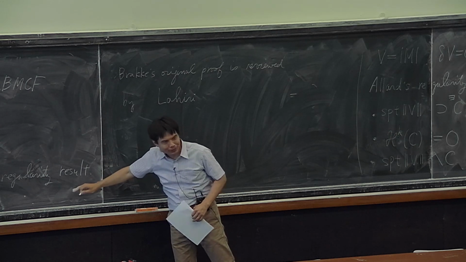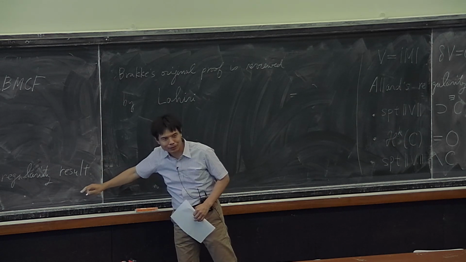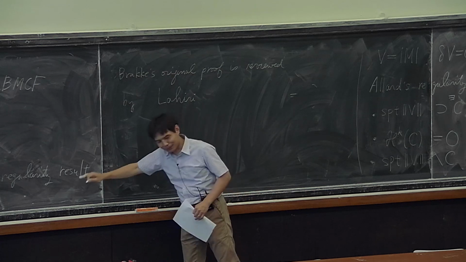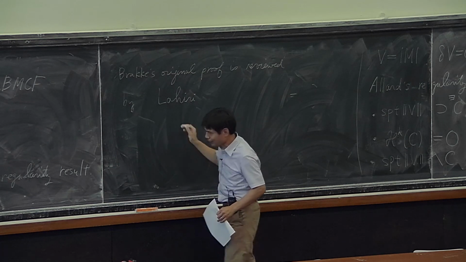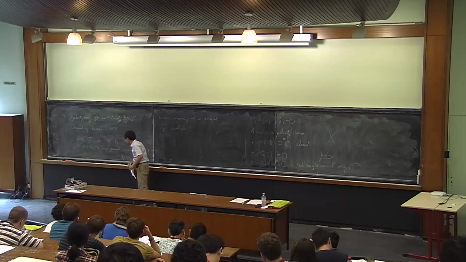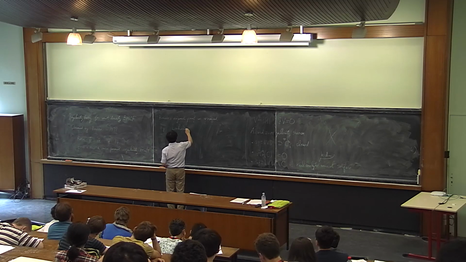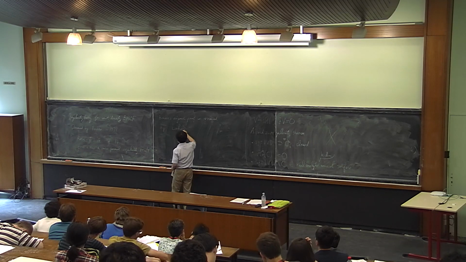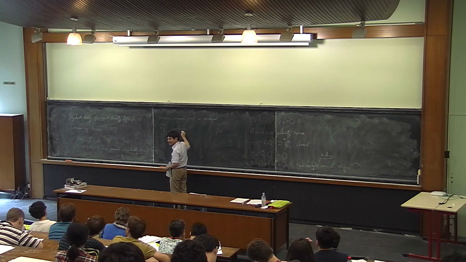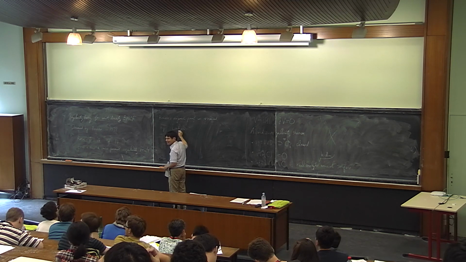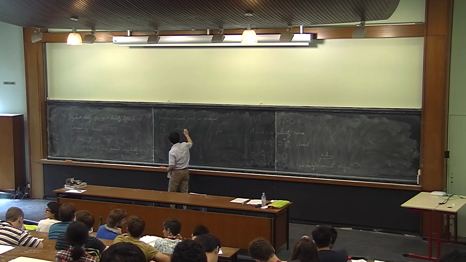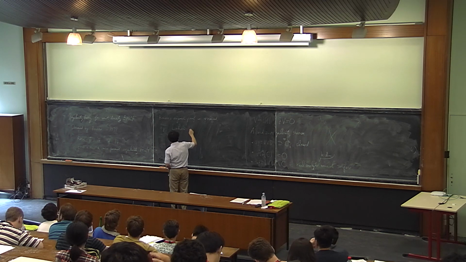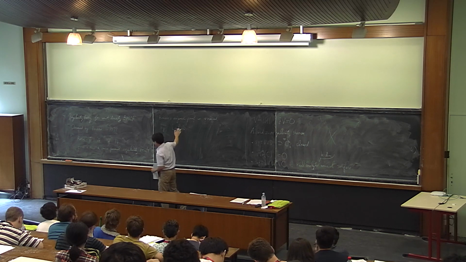He rewrote the entire Brakke's flow along the line of Brakke's proof. So very different from my proof, in fact. That's a very nice, very long paper. It's almost like 200 pages or something. It's quite a big work. So he did very nice things.